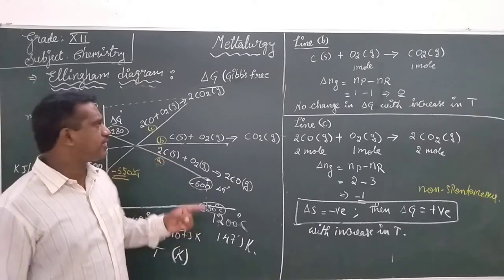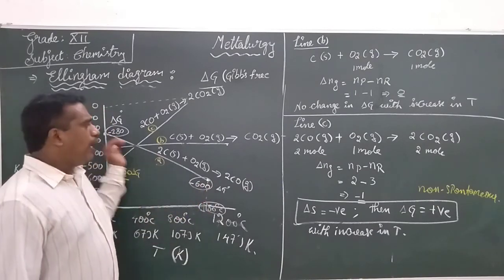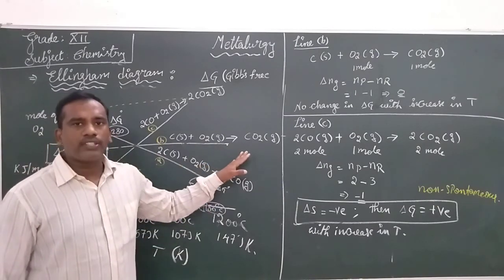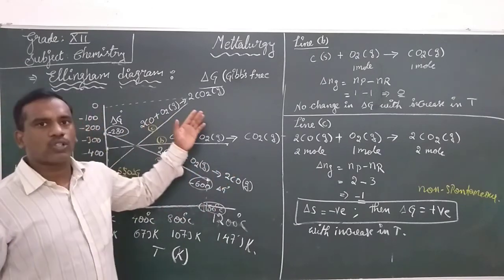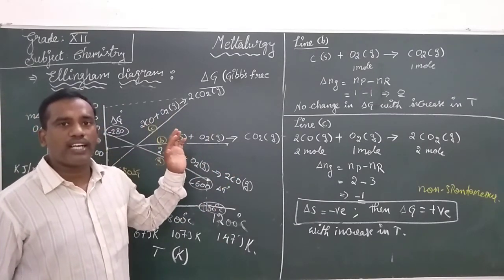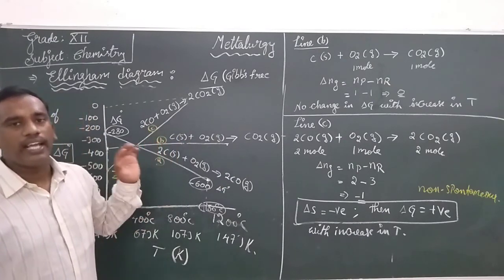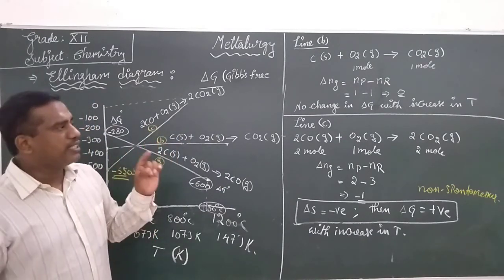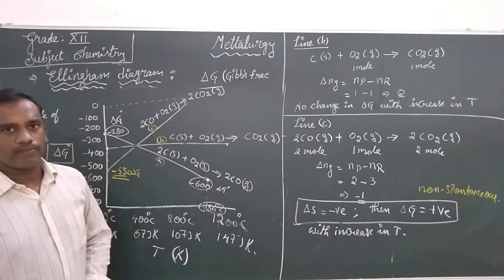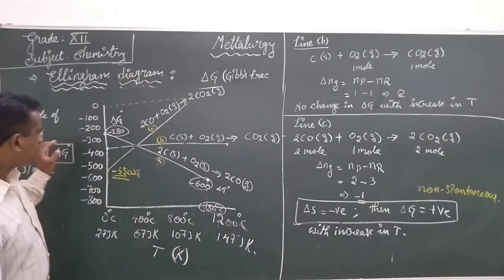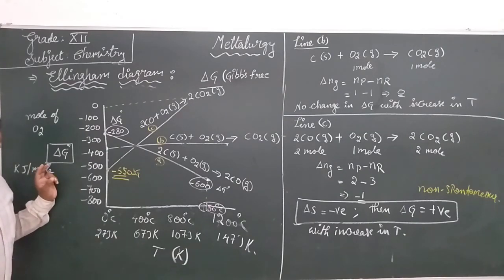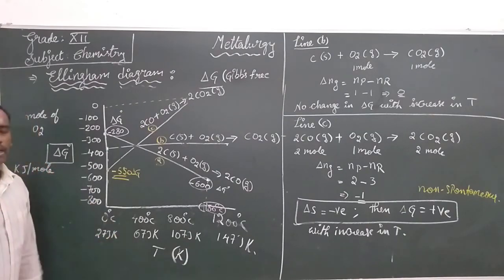Up to now we have discussed a negative slope, a line which is not having any change in the slope, and a positive slope. So these are the different kinds of slopes we come across in the Ellingham diagram, that is related to the entropy. But don't forget, the Ellingham diagram is drawn between delta G versus temperature.